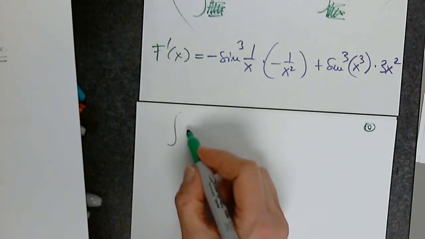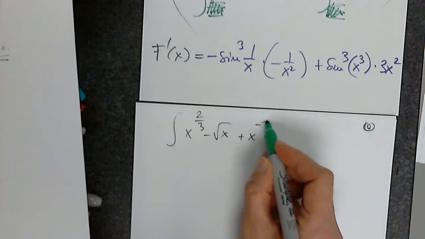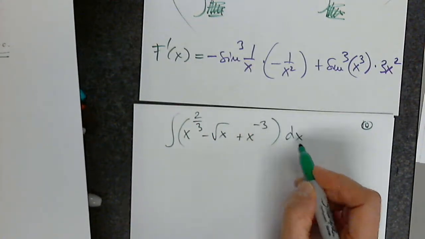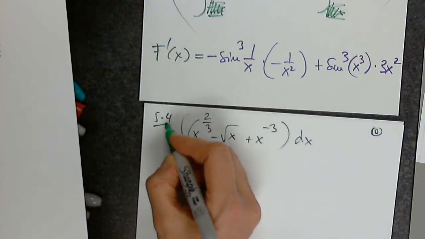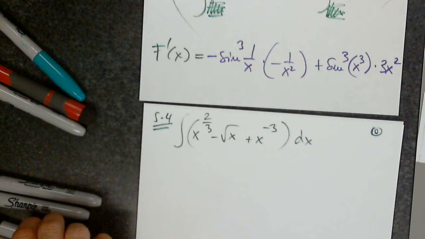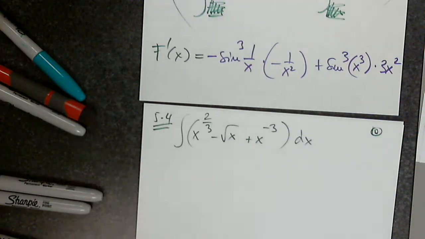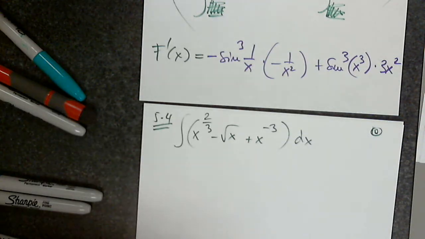Like the integral of x to 2/3 minus the square root of x plus x to -3 dx. And this is section 5.4, the indefinite integral. So what do I get when I determine an indefinite integral? A function. Very good. So let's find that function, and if we have any doubts, we can always go back and check.